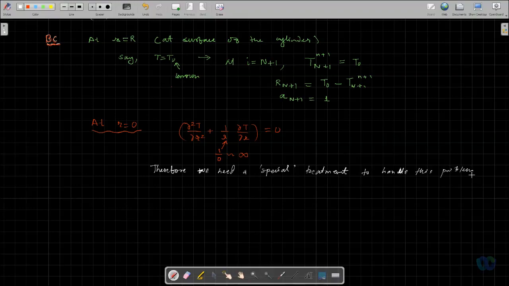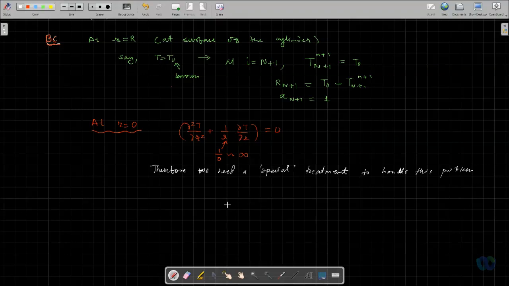Such kinds of problems did not appear in Cartesian coordinates. Cartesian coordinates were very nice, but in cylindrical and spherical coordinates, you may come across such situations which are not physically possible. So you have to use some method.